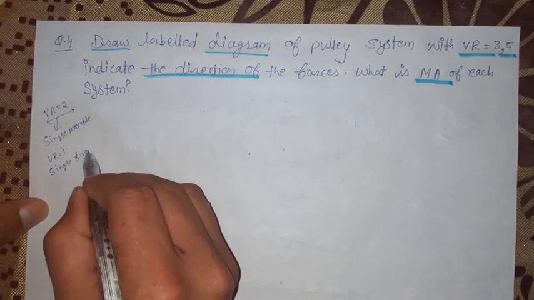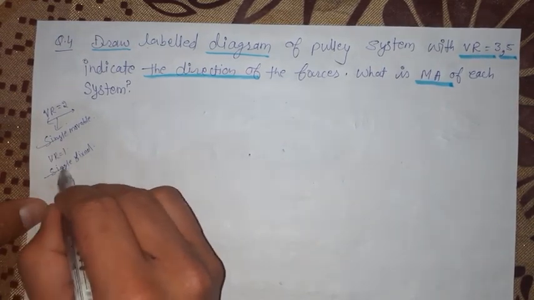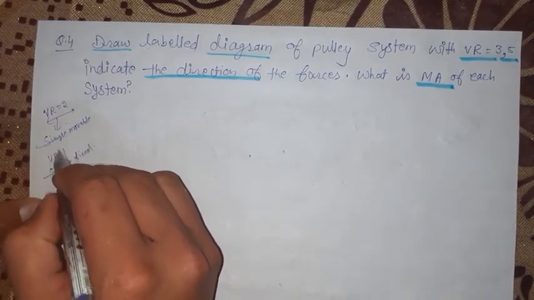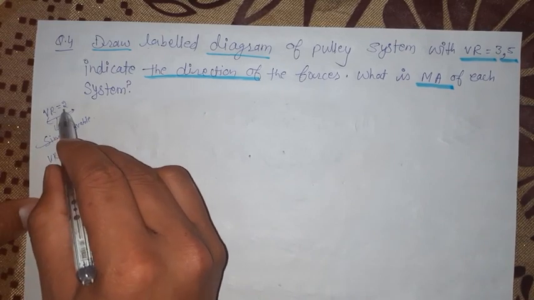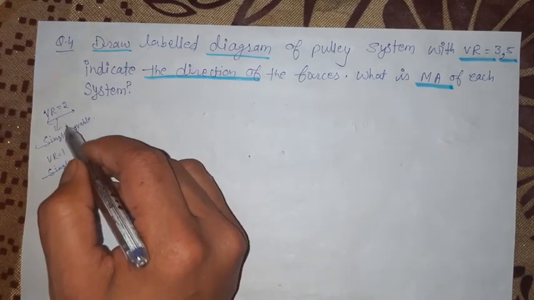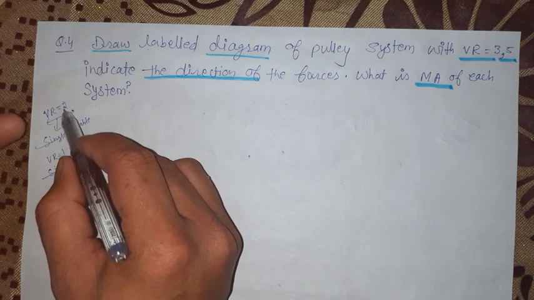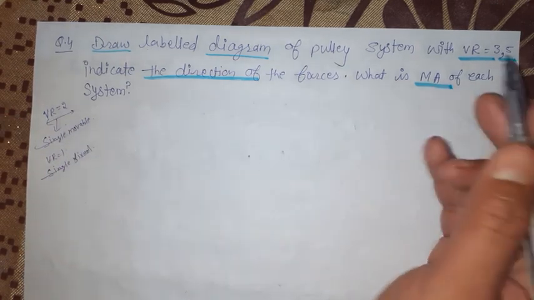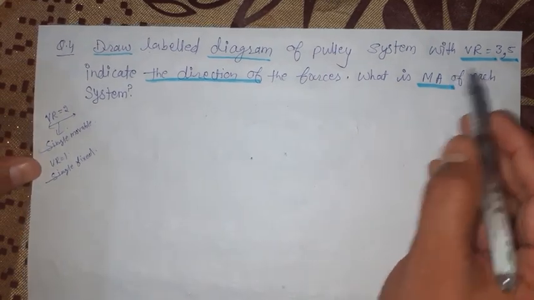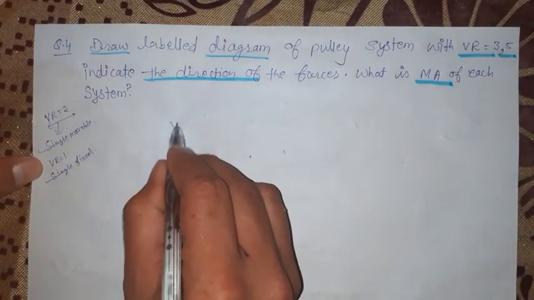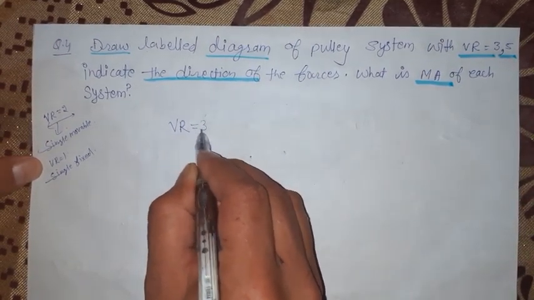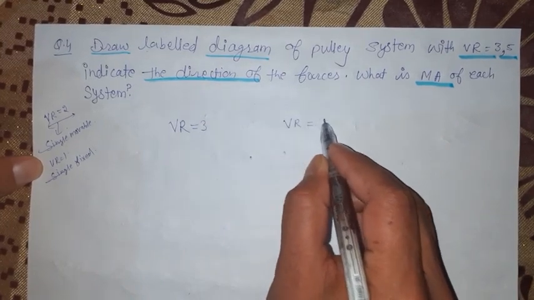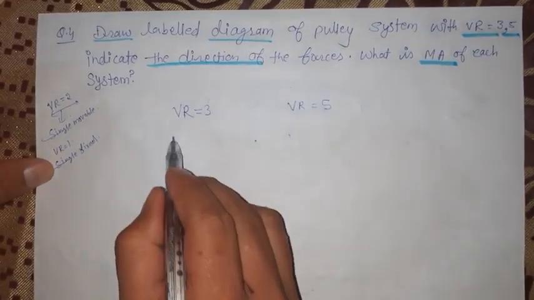There is only a single movable and a single fixed pulley for those values of 1 and 2. But if there are more than these two, that velocity ratio will come, and that will be the block and tackle system. So let us draw the velocity ratio of 3 and the velocity ratio of 5, these two block and tackle systems, student.